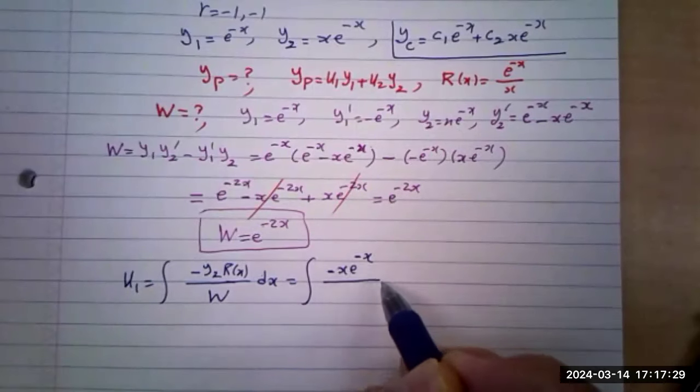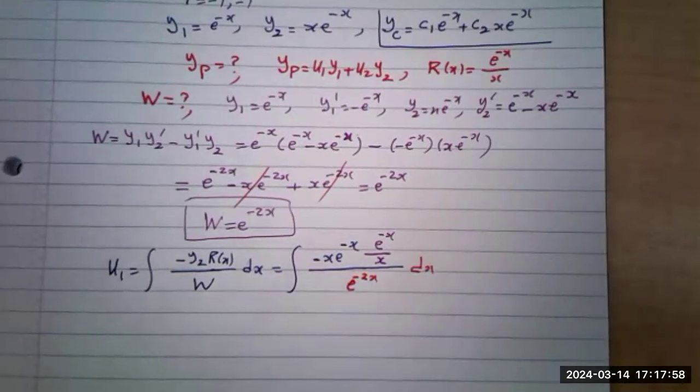So your r of x is what? Your r of x is e to the negative x divided by x. Okay, and the Wronskian is e to the negative 2x, dx. Okay, carefully simplify it to see what's going to be the result.